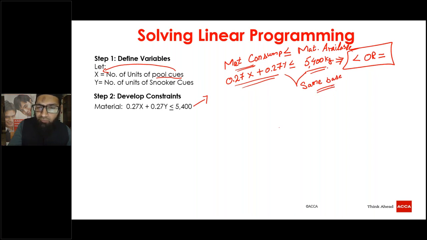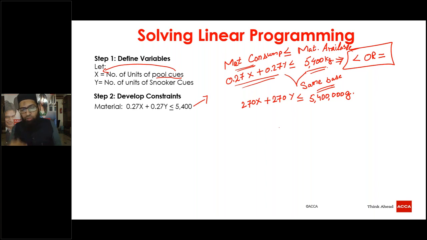So either my material available should be in kg and my material consumption should also be in kg, or if I want to state my question in grams, then it will be 270x plus 270y less than or equal to 5.4 million grams. So either the whole equation should be in grams or it should be in kilograms. This is up to you. Have you understood that?